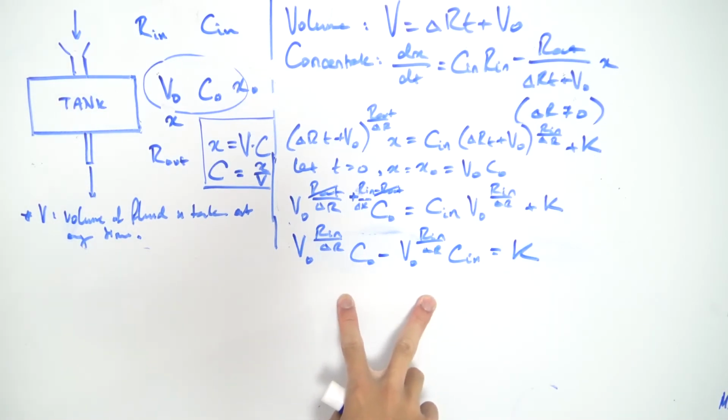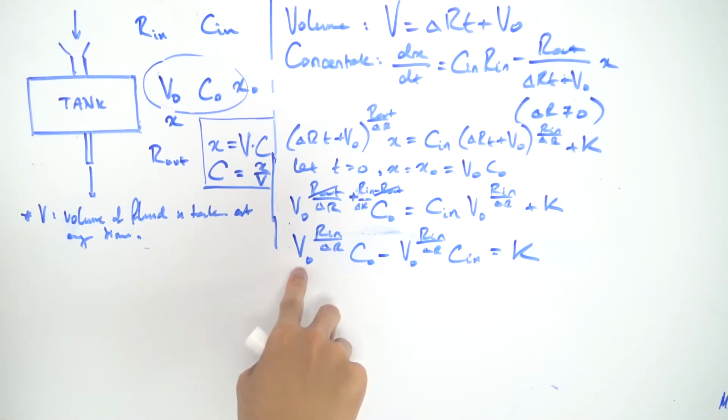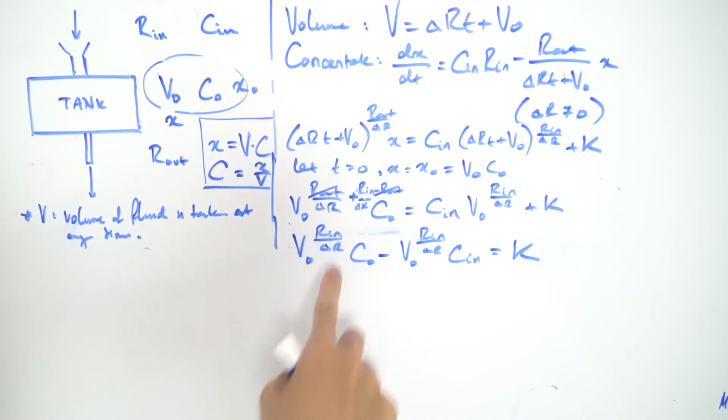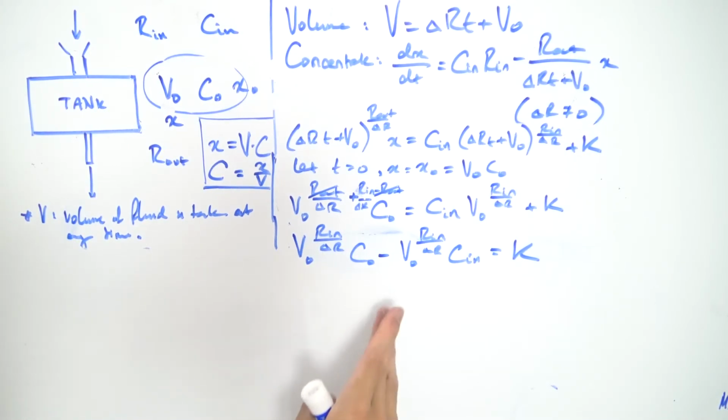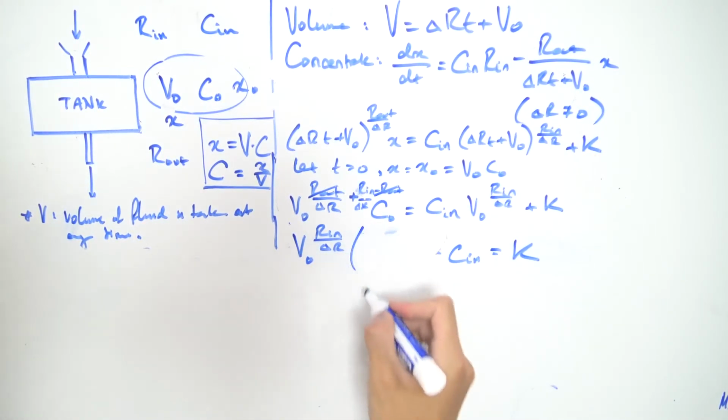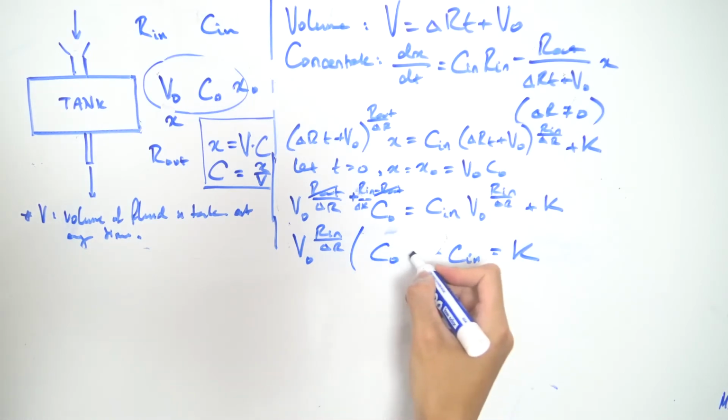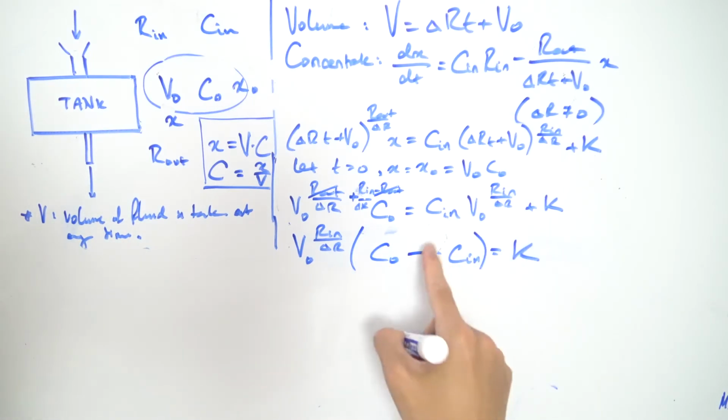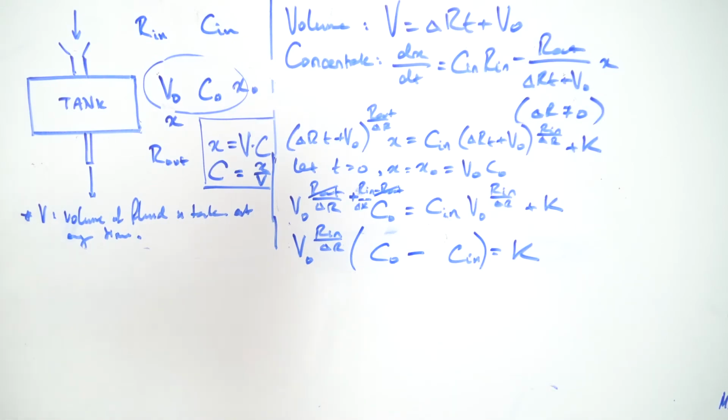But notice we can do a bit of factoring over here, because we have a common factor of v naught to the Rn over delta r. So if we factor that out, we're going to get that factor and then c naught minus cn, like so. And that's exactly our k constant.